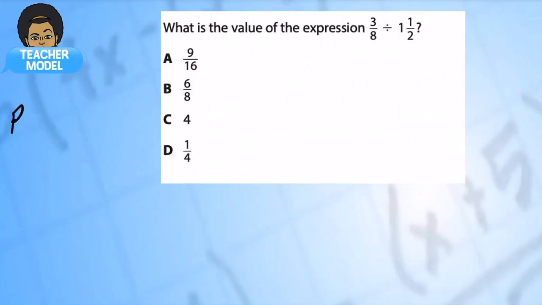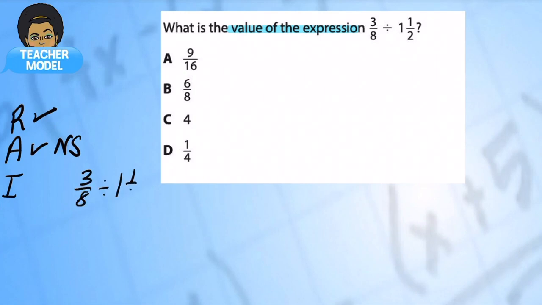And again, I'm going to read the problem. What is the value of the expression? Value of the expression. My question type, this is absolutely an NS question. My important information, I'm doing the 3/8 divided by 1 1/2. It's my important information. My strategy is going to be to divide.